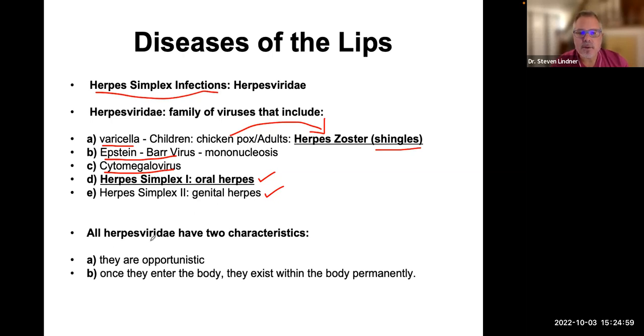Keep in mind, viruses are opportunistic and they're looking for the opportunity or for the weakened environment. They're looking for a weak host, a susceptible host. Once it enters the body, it will be there permanently.